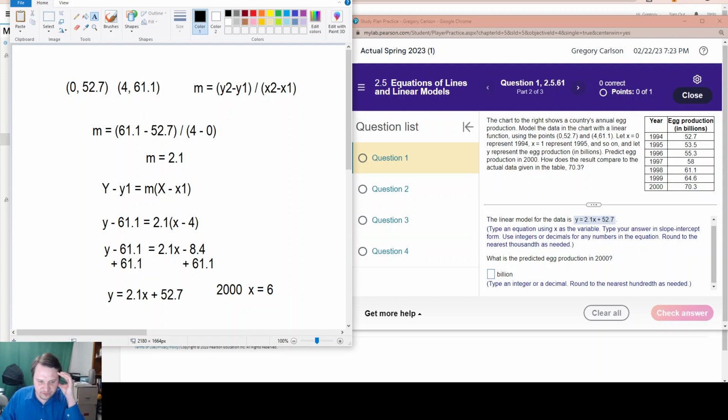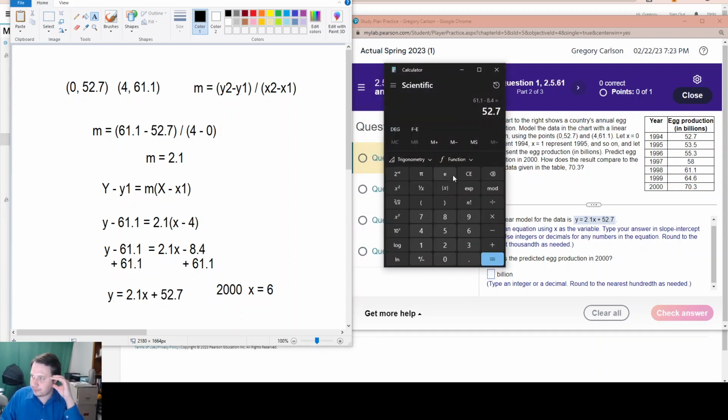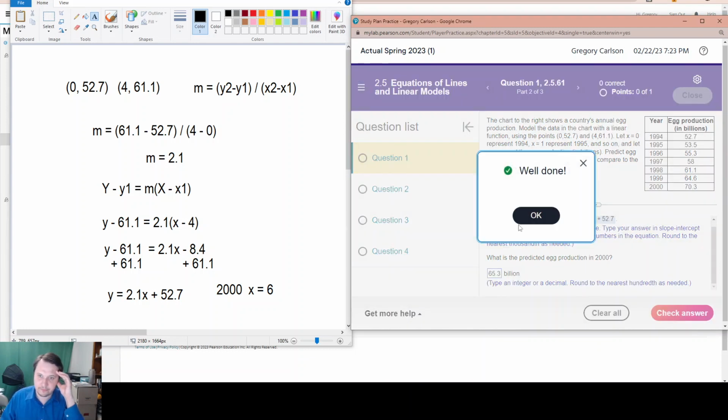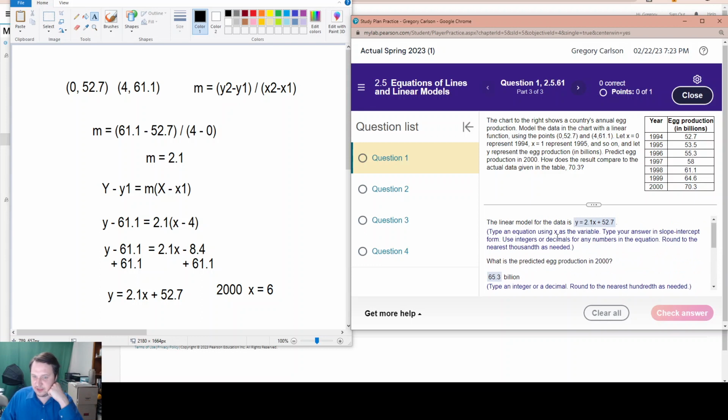So let's do that real fast with our calculator. 2.1 times 6 plus 52.7. And again, that's just plugging in 6 for the x right here to get a y value of 65.3. Okay, so that's the prediction.